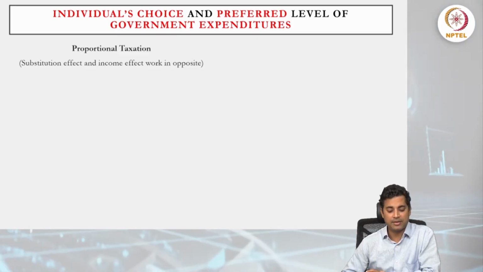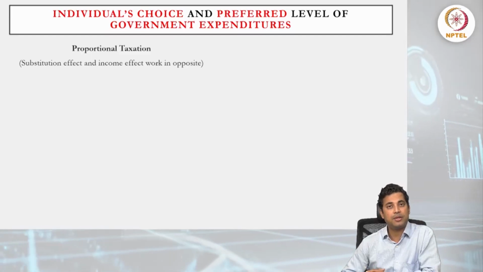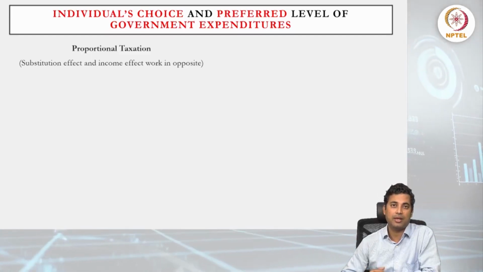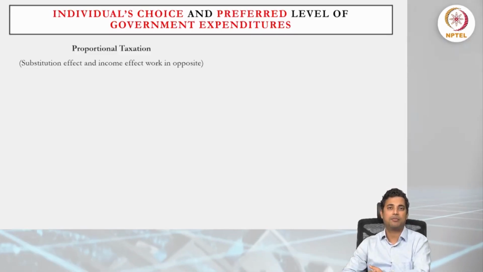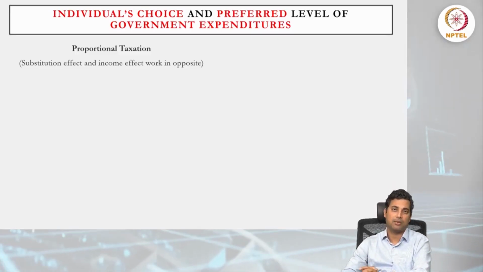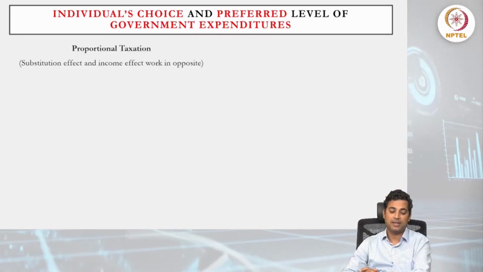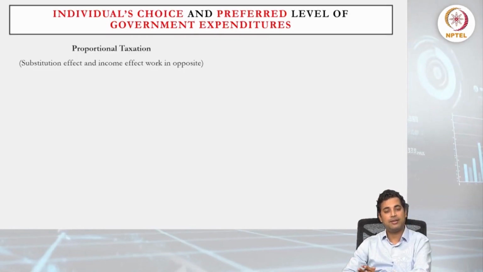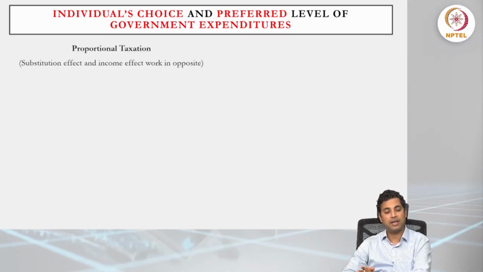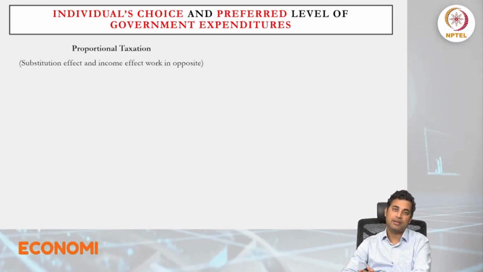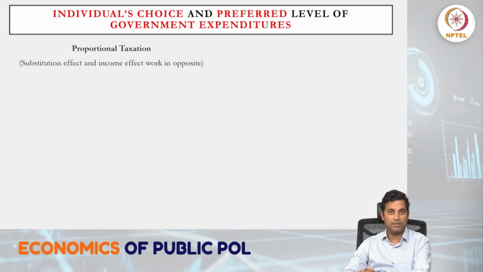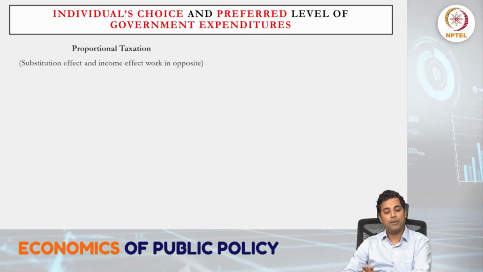Here we will see that they work in the opposite direction. What the substitution effect, income effect and price effect are, we already discussed in our consumer preference lecture, with the help of the indifference curve and the budget constraint.